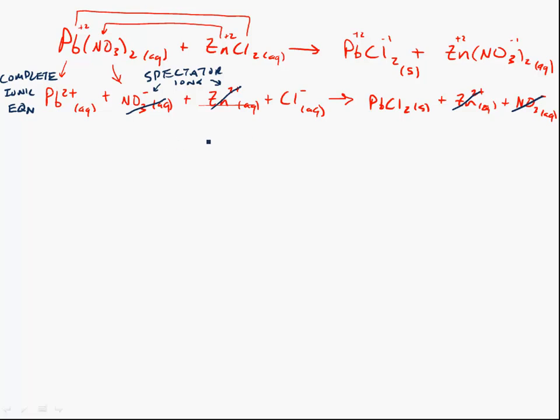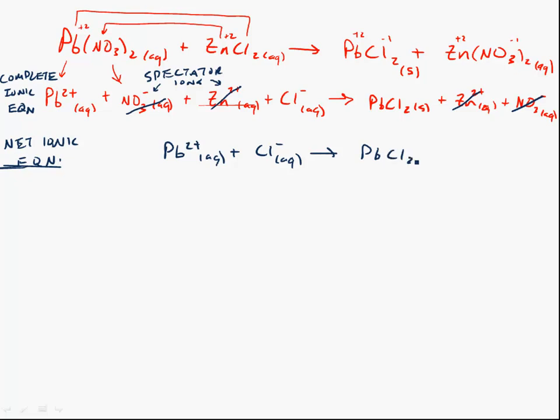Finally, I'm going to write down what's called my net ionic equation. And that is just the stuff that does the chemistry. Lead cation plus chloride anion is going to turn into lead chloride solid.